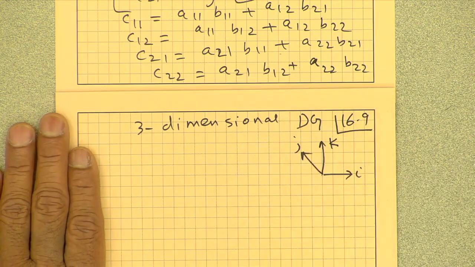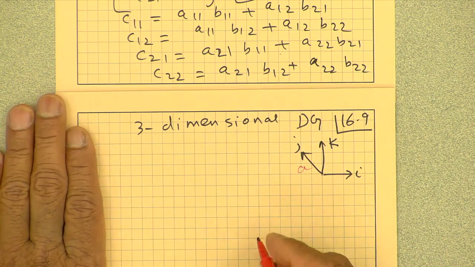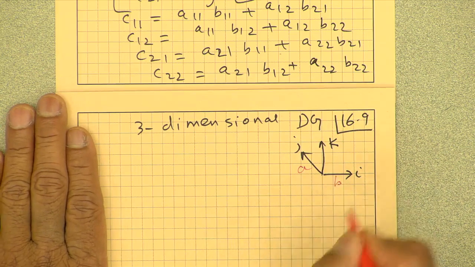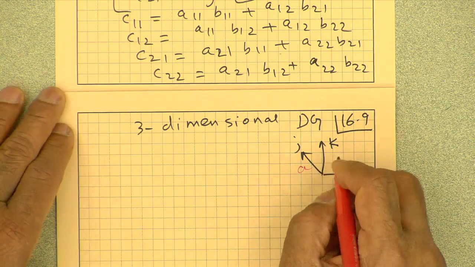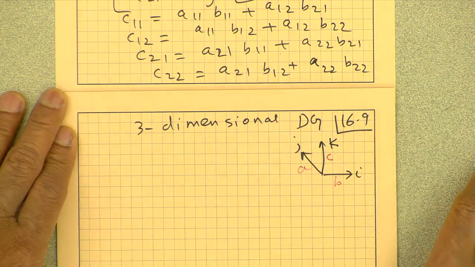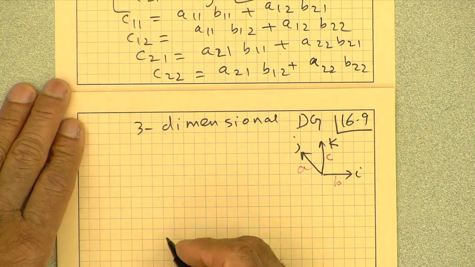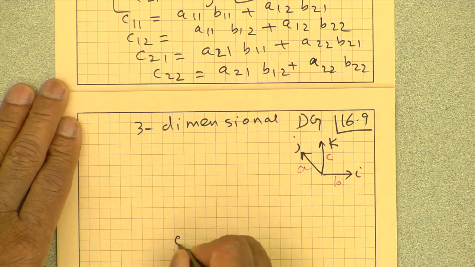So A is traveling in J axis, B is traveling in I axis, and the output C is traveling in K axis. So A is going in the so-called J axis.